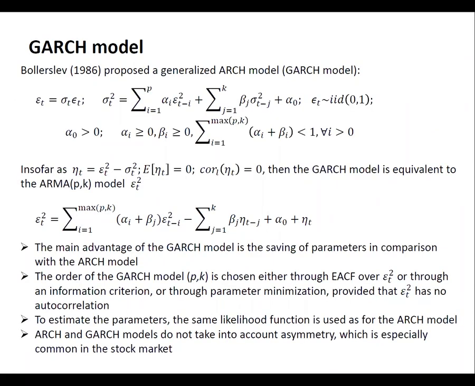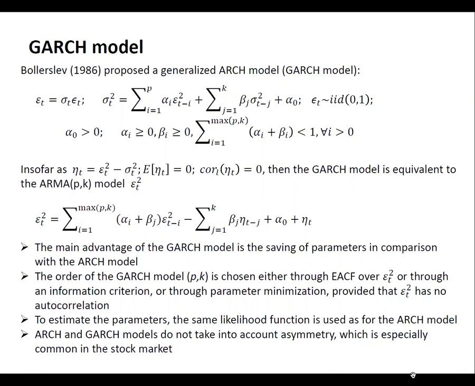Everything that we said earlier for ARCH, we can save and transfer exactly to the GARCH model. GARCH is an improved model that was introduced in 1986. Its name stands for generalized autoregressive conditional heteroscedasticity, and it already has obvious advantages over the ARCH model.